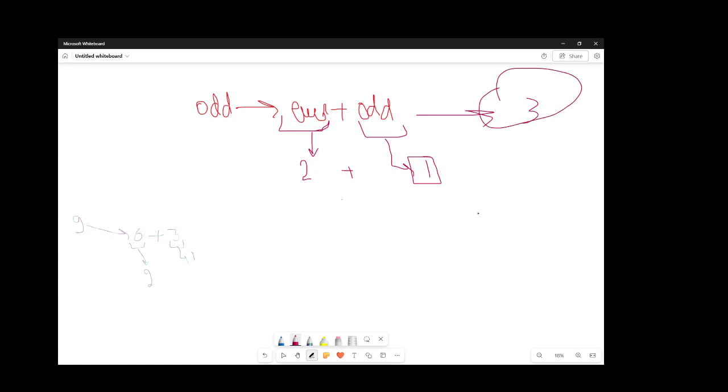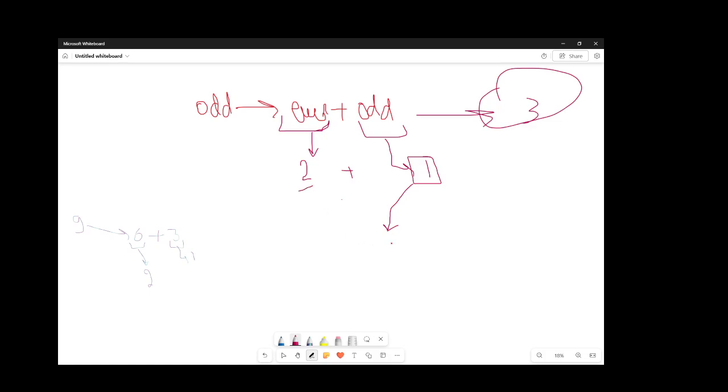Why? Let's understand it. So for odd, we can always change it into, if the number is odd, right? I'm missing something. For the even case, we can change it into two primes, perfect.